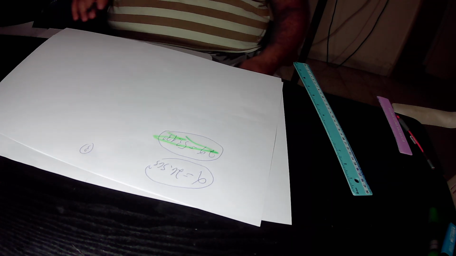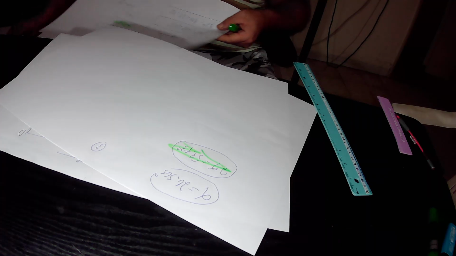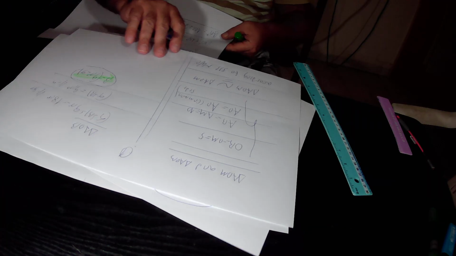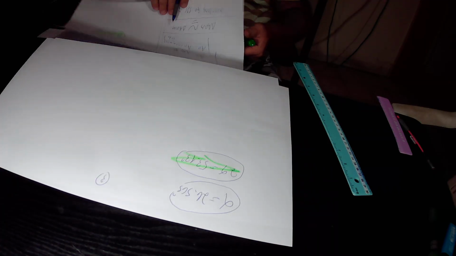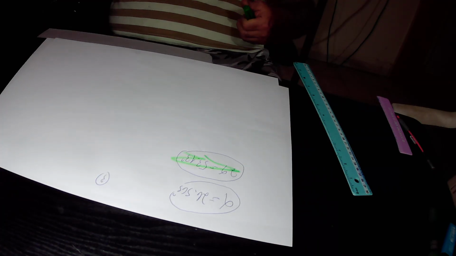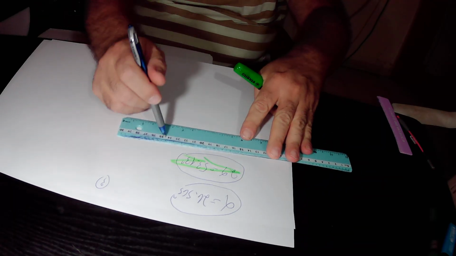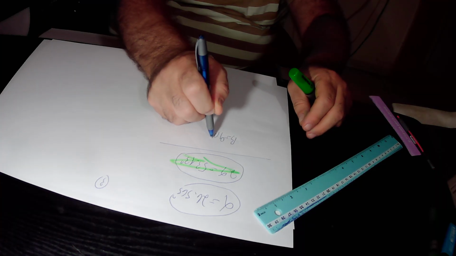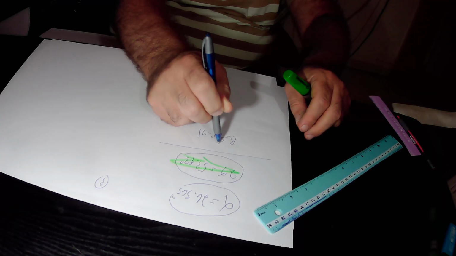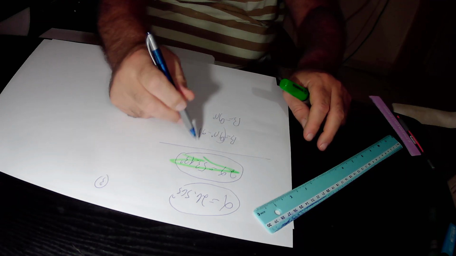We already found that beta equals 90 degrees minus alpha. So we write it down: beta equals 90 degrees minus alpha.